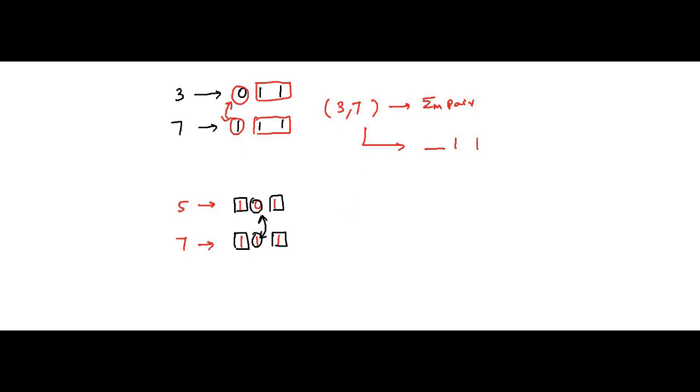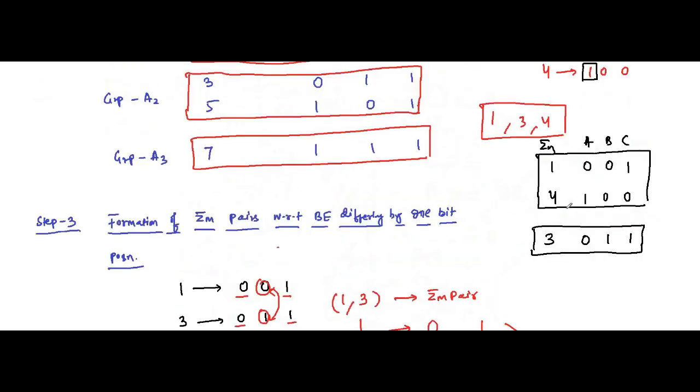So yes, a minterm pair can be formed, 5 and 7. The expression is, we will keep the identical bits as they are, that is 1 in MSB, 1 in LSB, and the middle bit will be replaced with a blank space or dash. So these are the minterm pairs between groups A2 and A3.